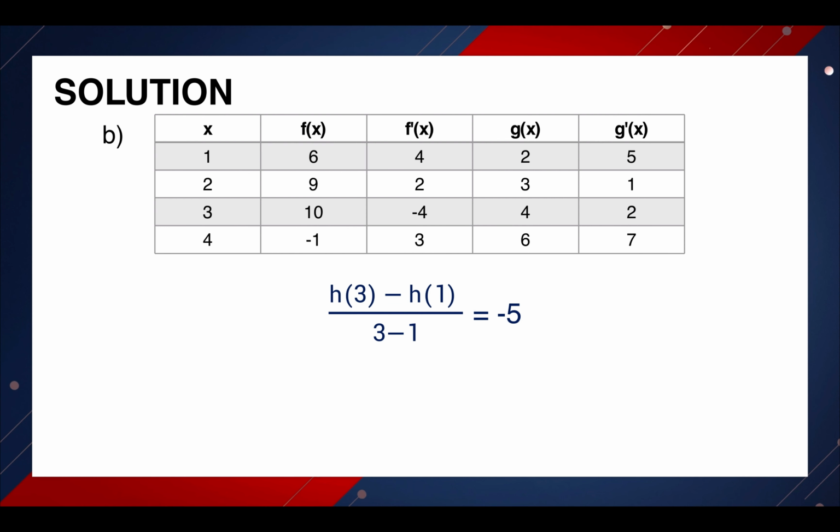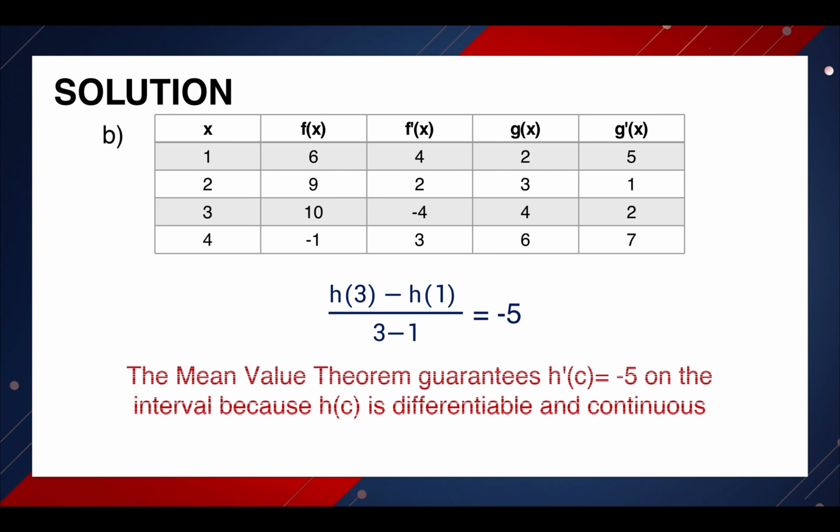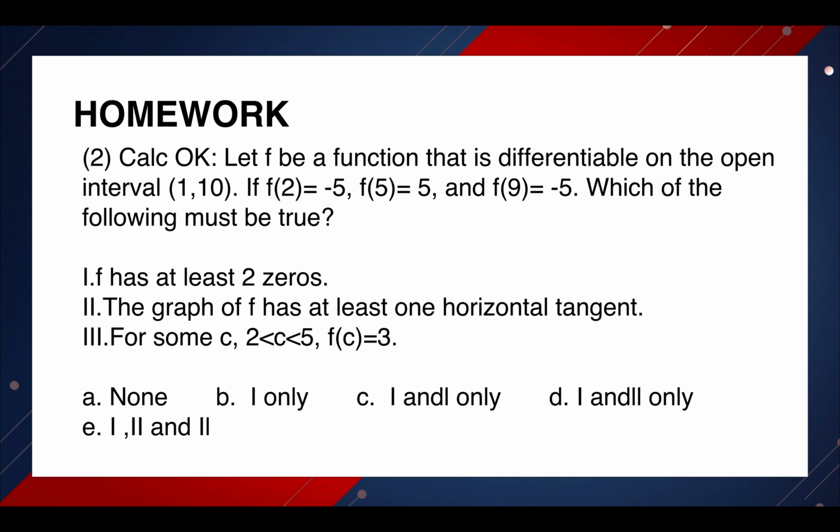And by plugging in those values, we can find that the final answer is negative 5, which means that the mean value theorem guarantees there is a value c such that the derivative h'(c) is equal to negative 5 on the interval, because h is both differentiable and continuous. Now we have finished question 1 and we are moving to the next question.